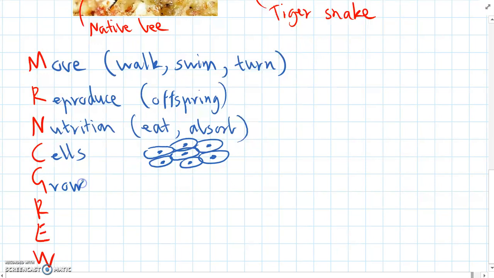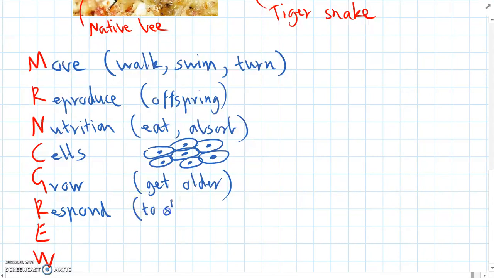G stands for grow, which basically means getting older. So every living thing grows, gets older, and then dies eventually. The R stands for respond, and we often say responds to stimuli.